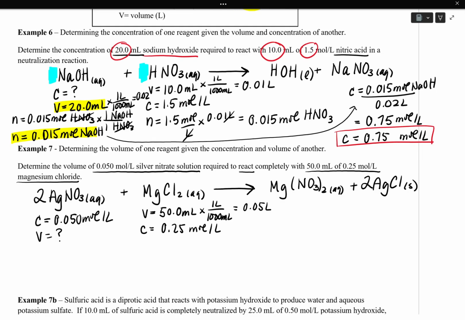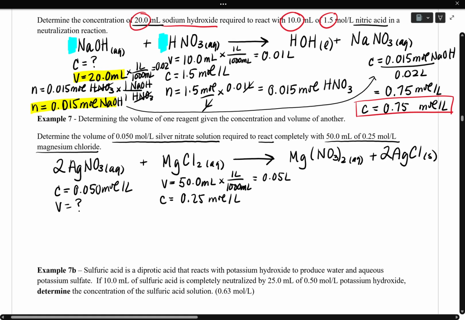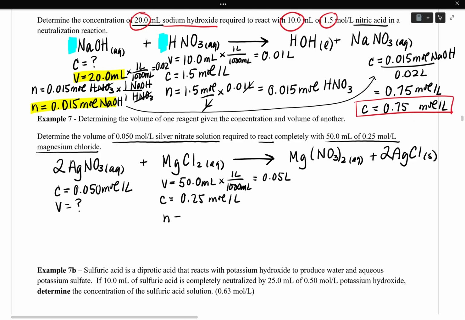Okay, so if I want to know the volume of my silver nitrate, I first have to solve for the number of moles of magnesium chloride. So again, we're going to use the equation number of moles is my concentration, 0.25 moles per liter, and I'm going to multiply by my volume, 0.05 liters.